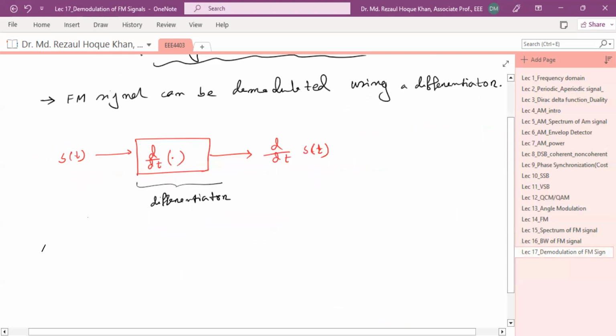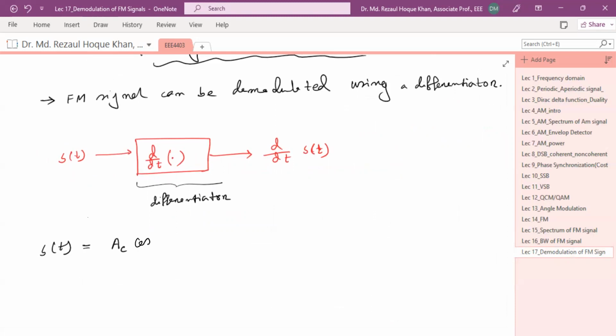Our frequency modulated signal s(t) can be written as Ac cos(2π fc t + 2π kf ∫ m(τ) dτ). This is our FM signal.